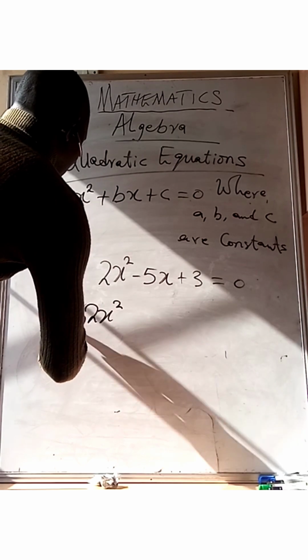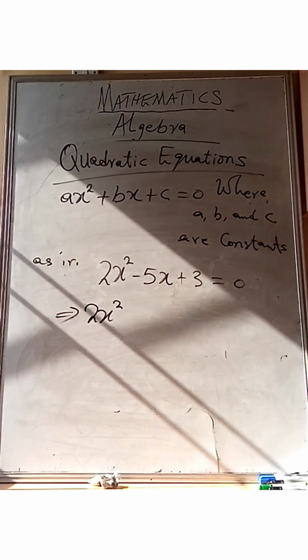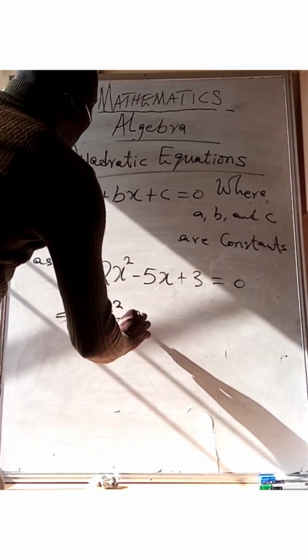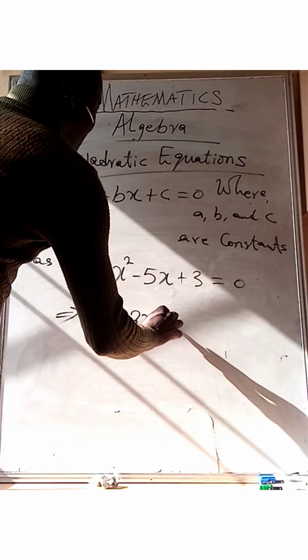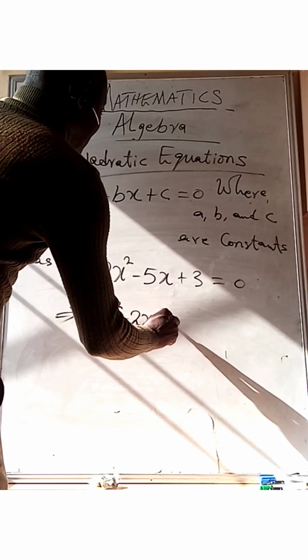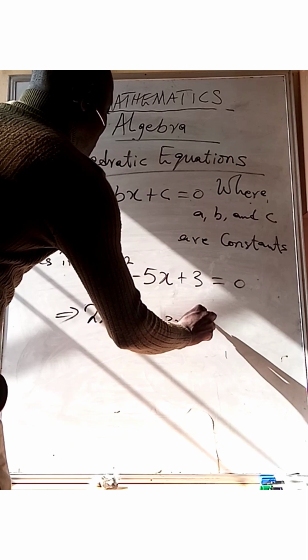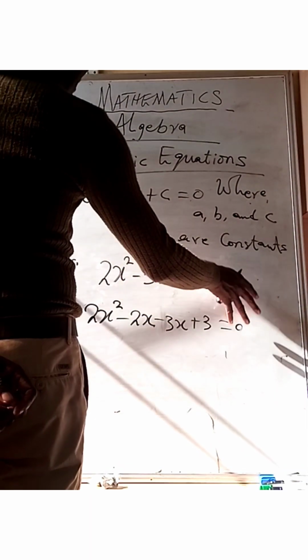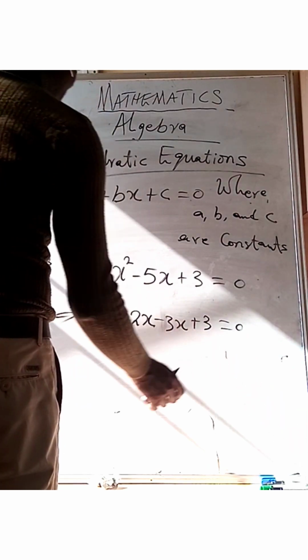2x squared, going by our previous knowledge of factorization, we can have this be negative 2x, and also negative 3x, then positive 3 being equal to 0. Now, we are just carrying this along. We don't have anything to do with that yet.